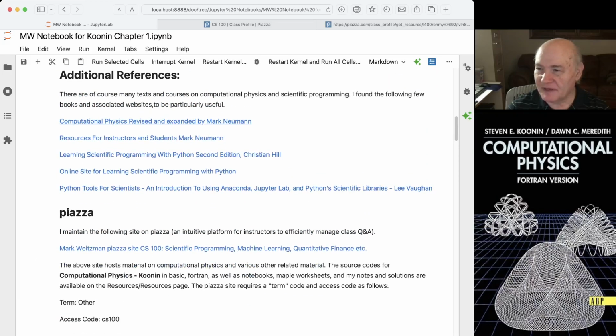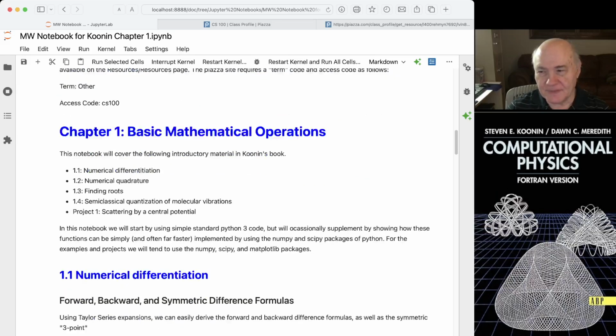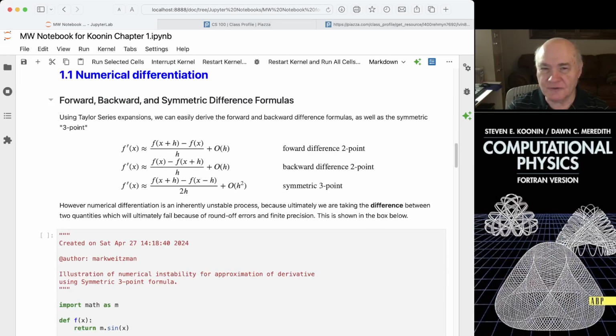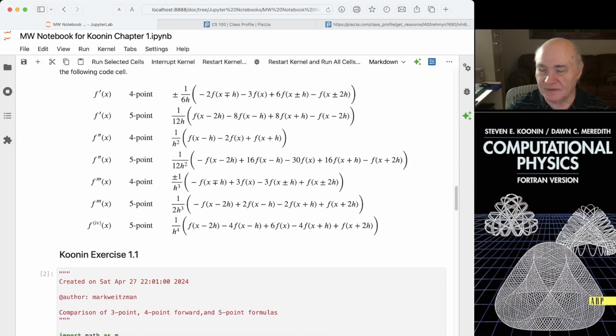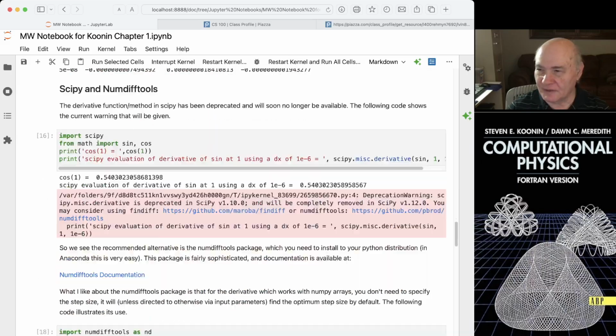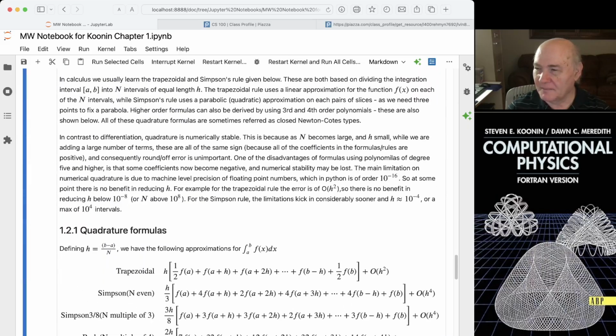This book, Computational Physics, Revised and Expanded by Mark Newman. He has a very good chapter 5 where he derives all these numerical formulas for the quadrature. He even does Gaussian integration, which Kunin also does in a later chapter. And he does some other advanced methods, which I'll talk to in a second. So let me go back.